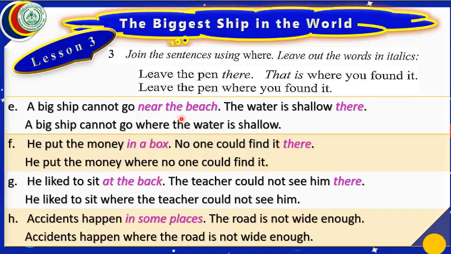When you do this practice of exercise 3 again and again, you will learn which words should be left. No need will be there to find out which word is written in italics. To see the words which are given in italics is for the first time. After practice, you will be able to do it without looking at the words written in italics.